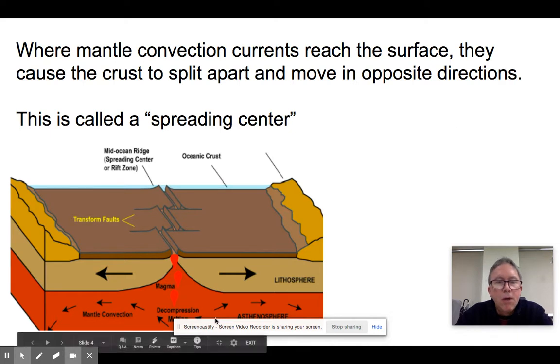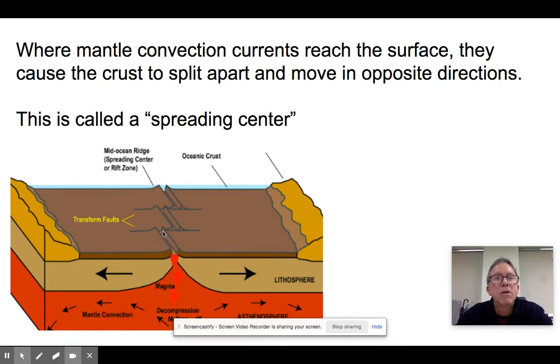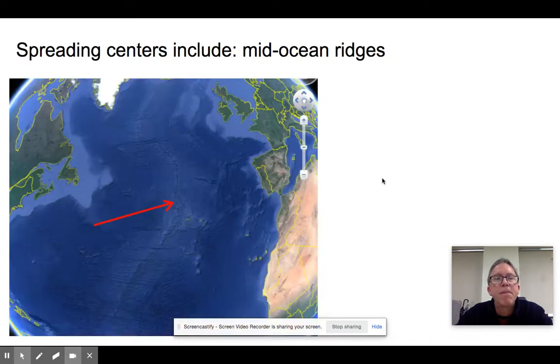Now, where these convection currents reach the surface and then deflect outwards, that's where we get these mid-ocean ridges, which we're going to call spreading centers. These are areas where the crust is being pulled apart and then filled in with liquid volcanic material. Now, these spreading centers include, as we talked about yesterday, the mid-ocean ridges.